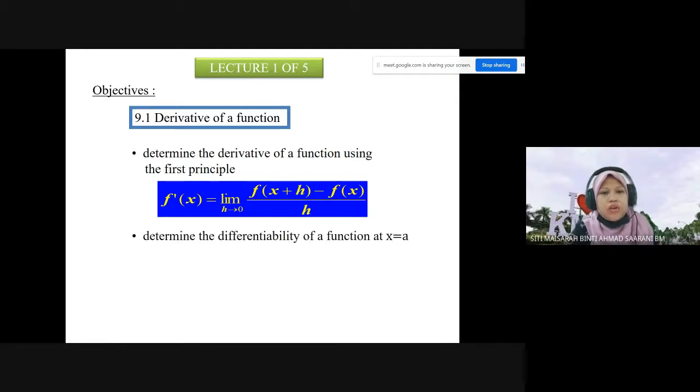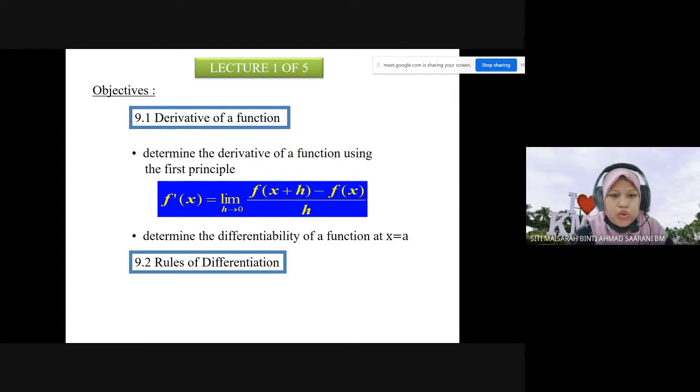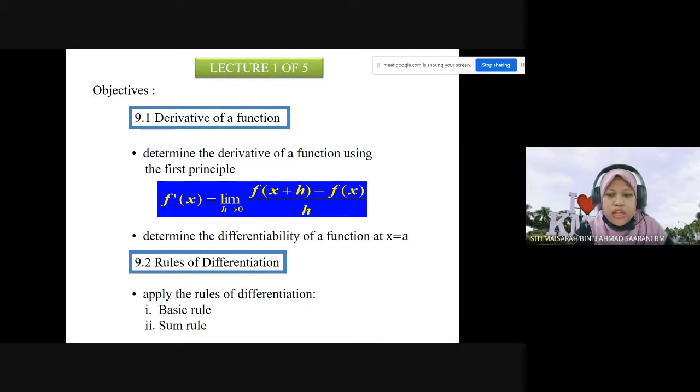The second one is determine the differentiability of a function at x equals a. And then we have 9.2, rules of differentiation. For this lecture, we focus on applying basic rule and sum rule. So this is the objective for this lecture.